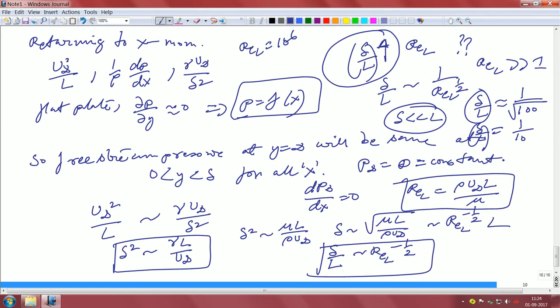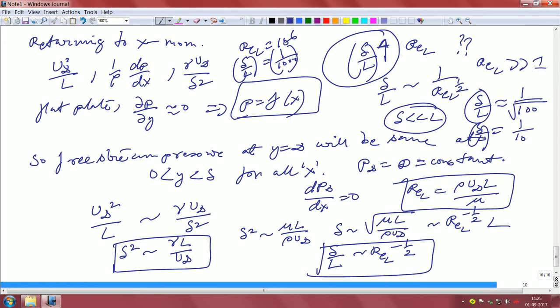The root of 10 to the power of 6 is 1000, so delta by L becomes something like 1 over 1000. This number is even smaller, so the difference between delta and L is substantial. The slenderness essentially increases as you go on increasing the Reynolds number. That is the takeaway point from this exercise.